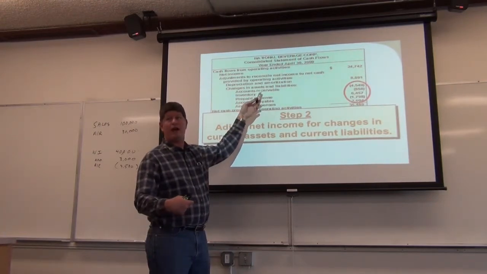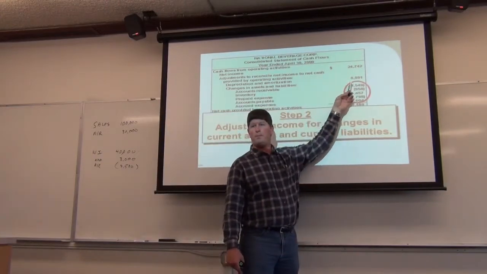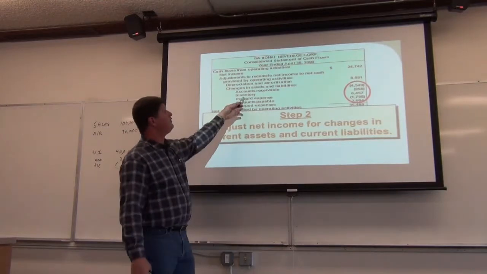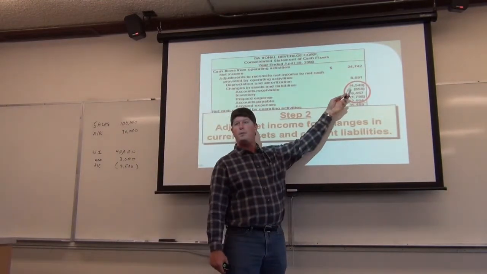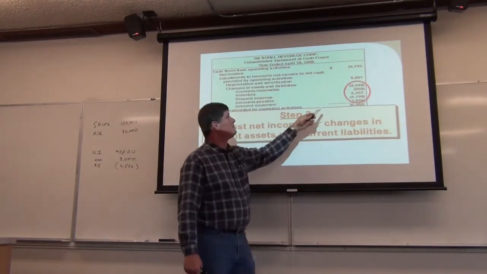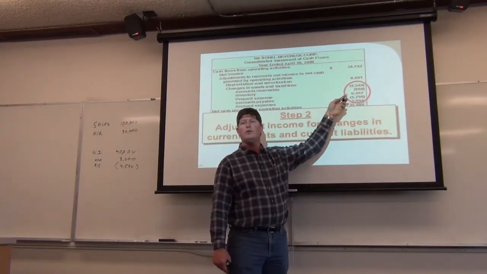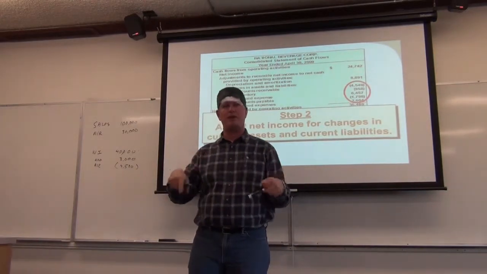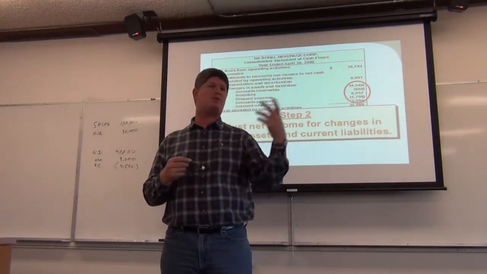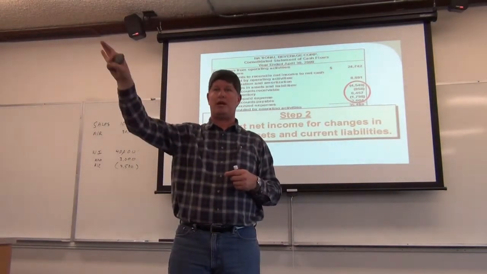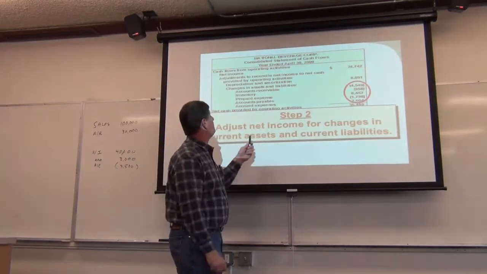So we didn't get all the cash, so we're going to subtract it from net income to derive the correct amount of cash. Inventory went up. That used up cash. Prepaid expenses must have gone down because we're now getting the benefit of that. We got to use up a bunch of prepaid rent without any cash going out the door. Okay? So cash flow would go up.